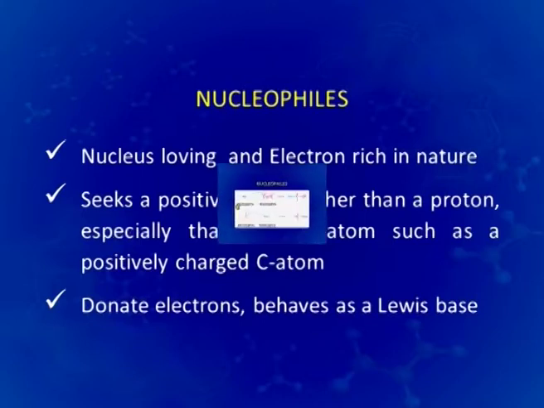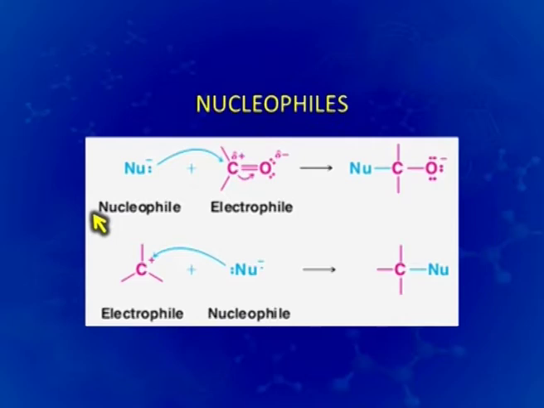As you can see in this particular reaction, a nucleophile is attacking an electrophile. The nucleophile has an unshared pair of electrons, attacks the positive center of the carbonyl compound, and therefore this particular bond moves to the oxygen, and what we get as product is the nucleophile attached to the positive center of the carbonyl compound, forming a bond here.